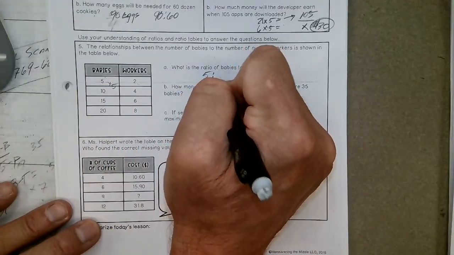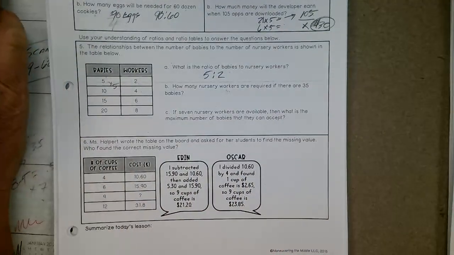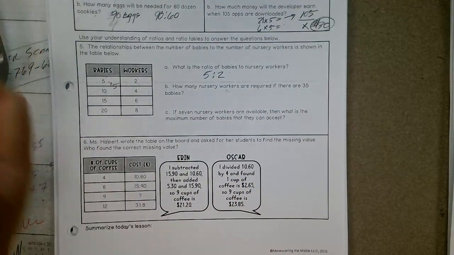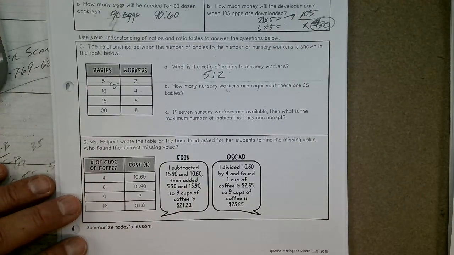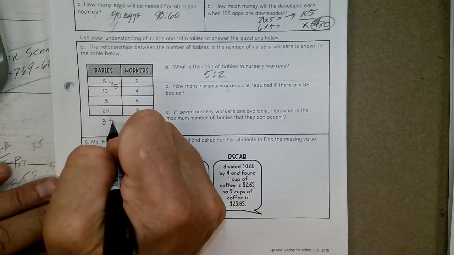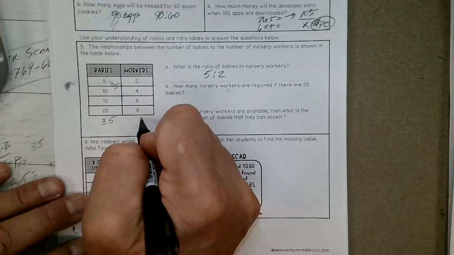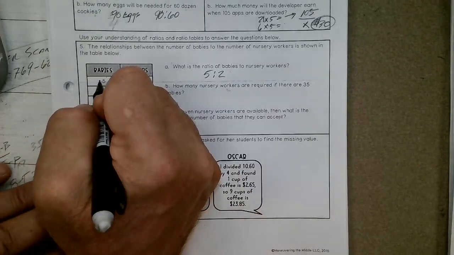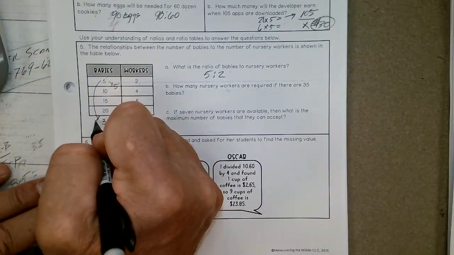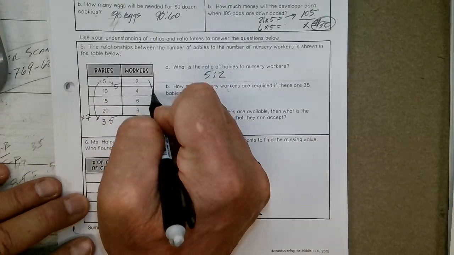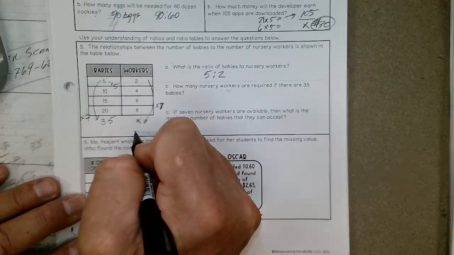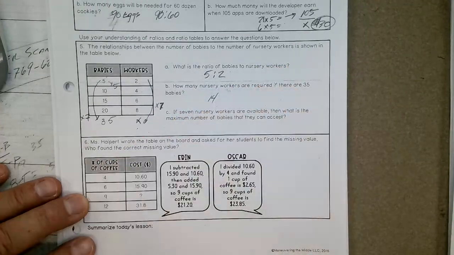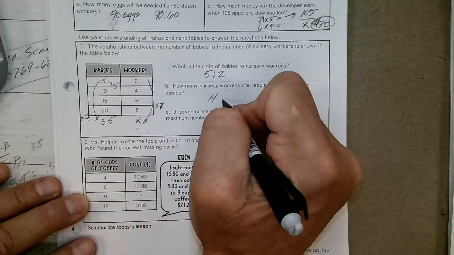The ratio is 5 to 2. I got that right out of the first column, 5 to 2. How many nursery workers are required if there are 35 babies? So now I need 35 babies, and we're looking for X. If I scale this up, it's times 7. This times 7 is 14. So I'm going to need 14 workers.